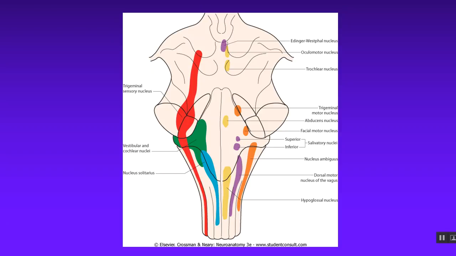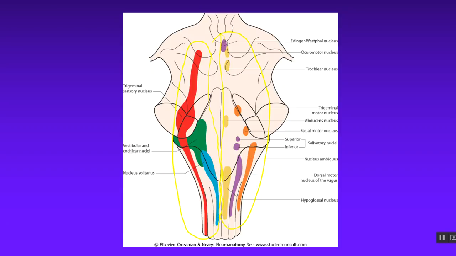This is from your neuroanatomy book, the Crossman book. This shows a nice representation. On your right side, these are all your motor nuclei for cranial nerves, the motor components. Then on this side are your sensory components. They're just highlighting only motor on one side and sensory on the other.